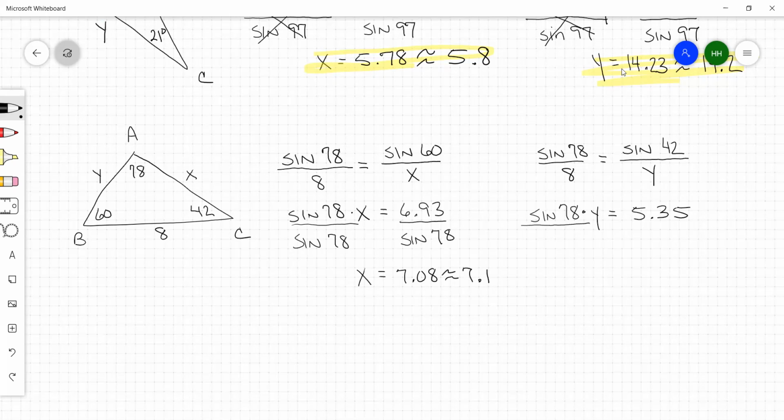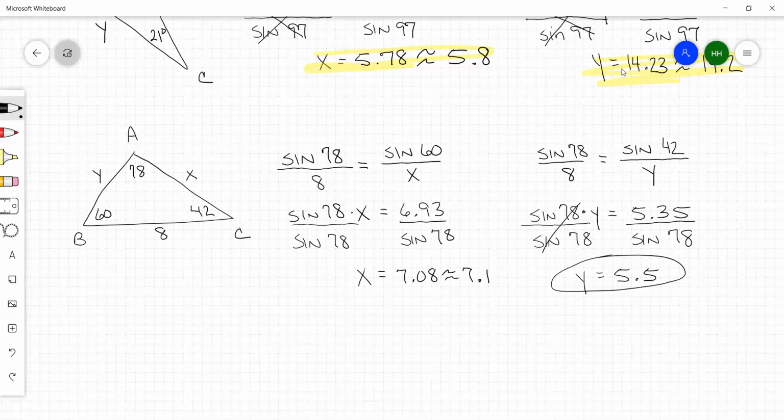Dividing by sine 78 again, we get 5.47, which is 5.5. There's my y. There's my x. And we solved the triangle.